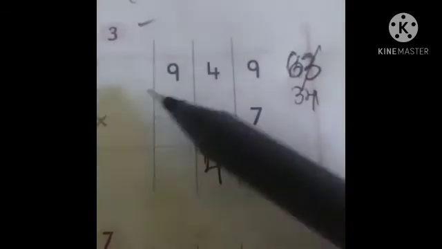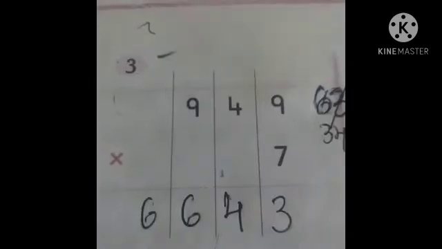Next 7 nines are 63, 63 plus 3, 66. 949 into 7 is equal to 6643. Product is 6643.